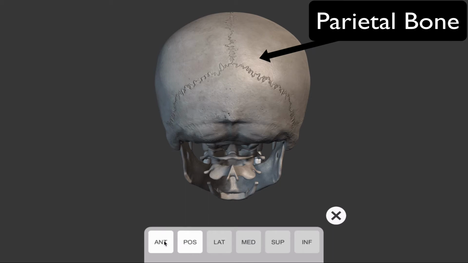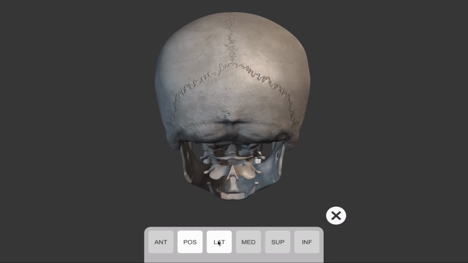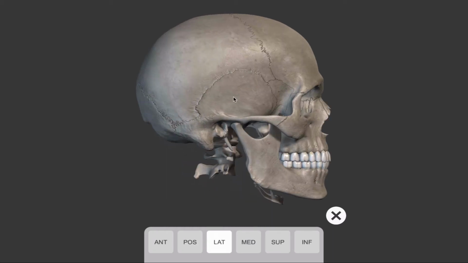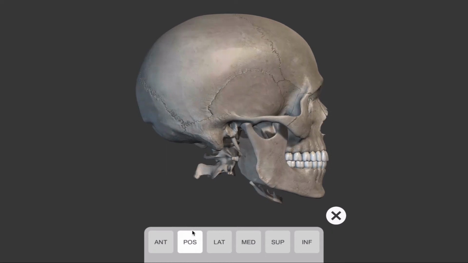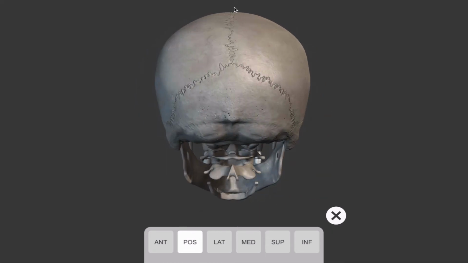So while we're here, let's label the sutures that I want you to know. And I want you to know 4 sutures. And the 4 sutures that I want you to know are the sutures that border the parietal bone. So there's a suture in front of it, on the side of it, behind it, and then there's a suture that separates the 2 parietal bones.